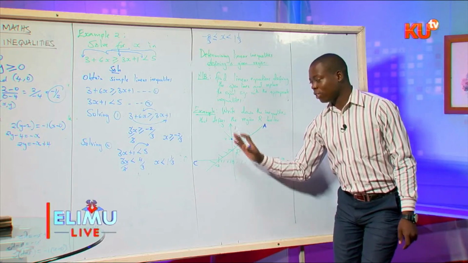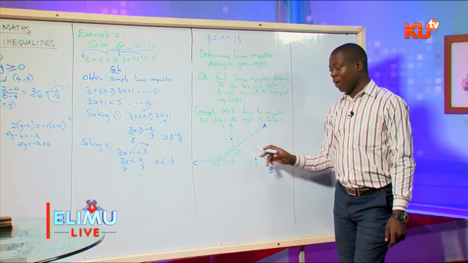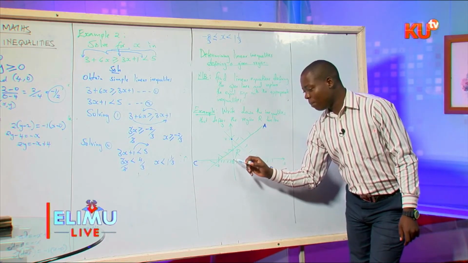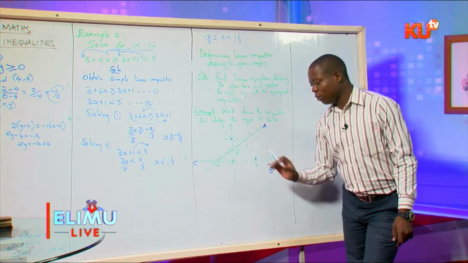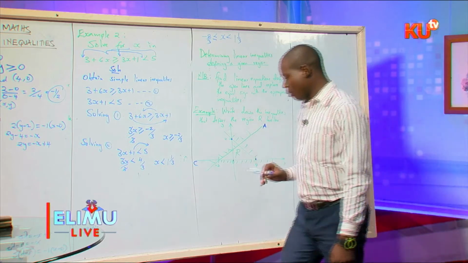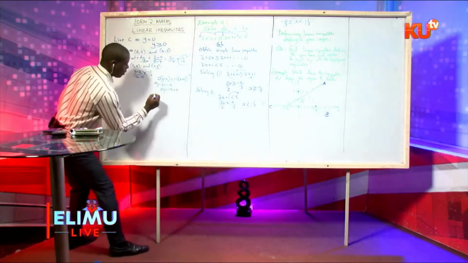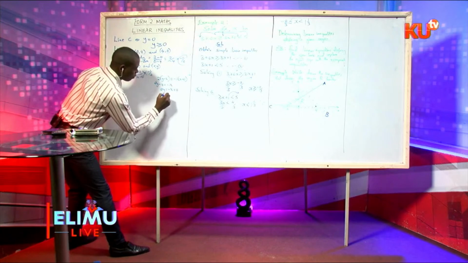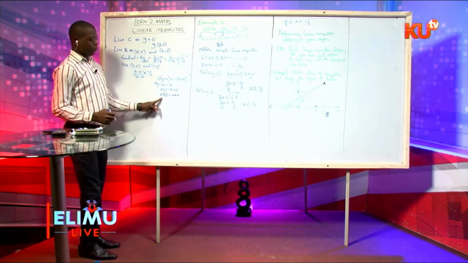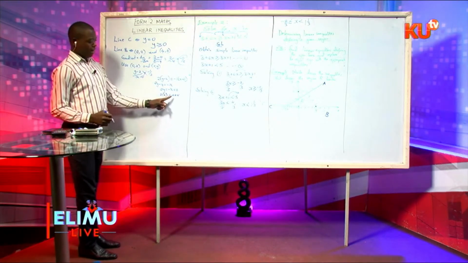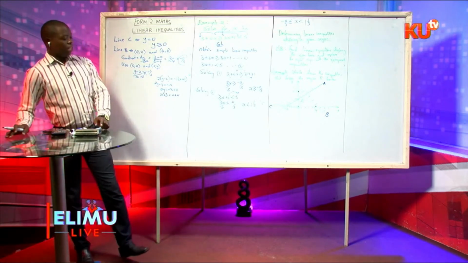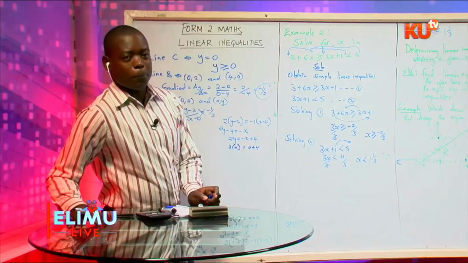But the values on the other side that is not shaded are the ones that define this region on the line B. So if we test using the point 0, 0, the point 0, 0 is on this side, that is the right side of the inequality. Then we'll substitute it here and say this is 2 into 0, and then this side is 0 plus 4. So you have 2 times 0, which is 0, and then this is 4. So how do you compare 0 and 4?